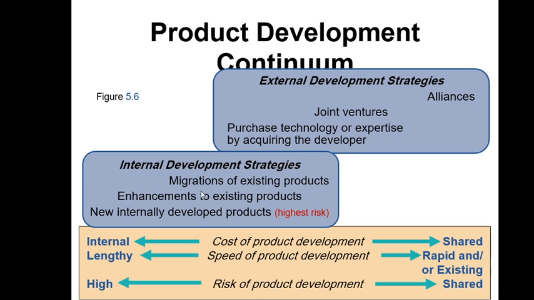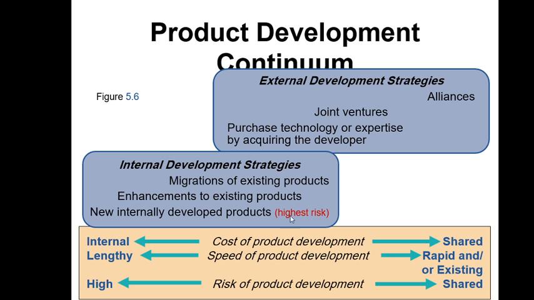The first one is migration of existing products, termination of existing or current products, enhancement or improvement to existing products, and of course new internally developed products, which means to develop new products, not improving or migrating the current products.